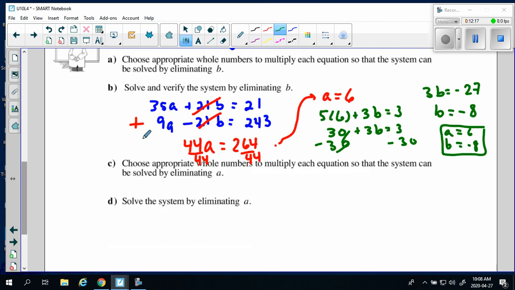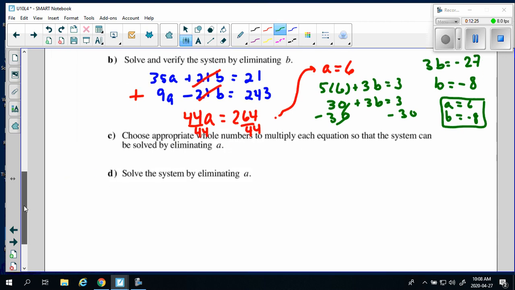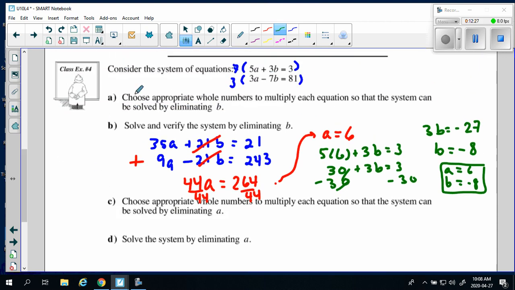So it says that there's another way to do it. We could choose whole appropriate numbers to multiply each equation so the system can be solved by eliminating A. So in this case, they want us to eliminate A. Sure, we can do that. We just got to backtrack and say, all right, if we want our A's to cancel out, then maybe we can multiply this one by 5 and this one by 3.